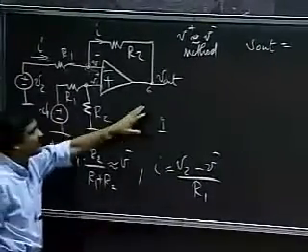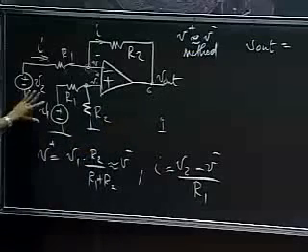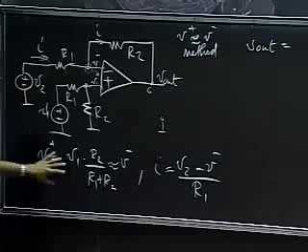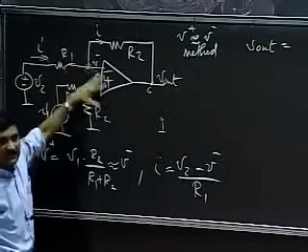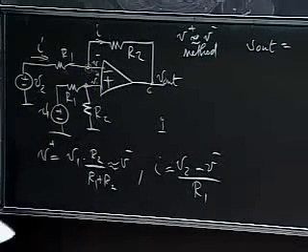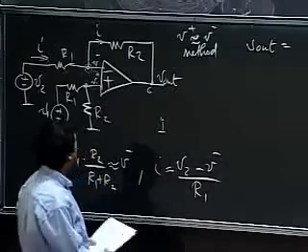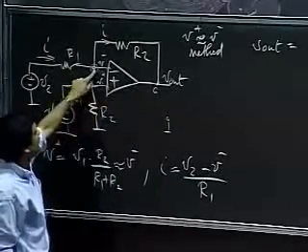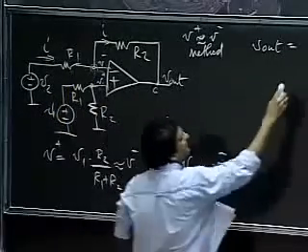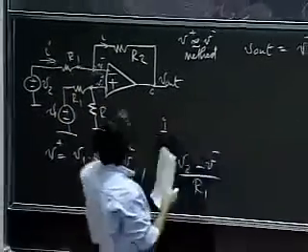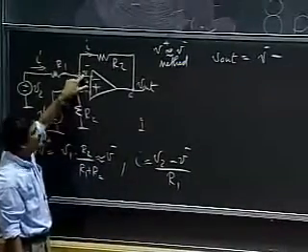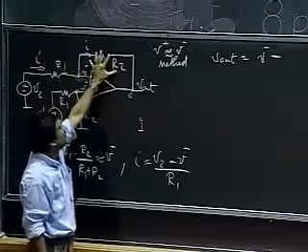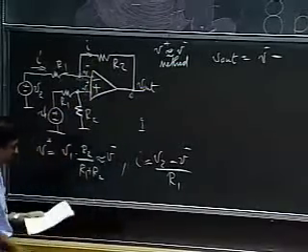My goal in life is to compute V out as a function of the two input voltages, V1 and V2. And just for kicks, I've gone ahead and computed some of the intermediate node voltages and currents. So how do I write V out? V out is simply V minus, from KVL, minus the drop across this resistor.